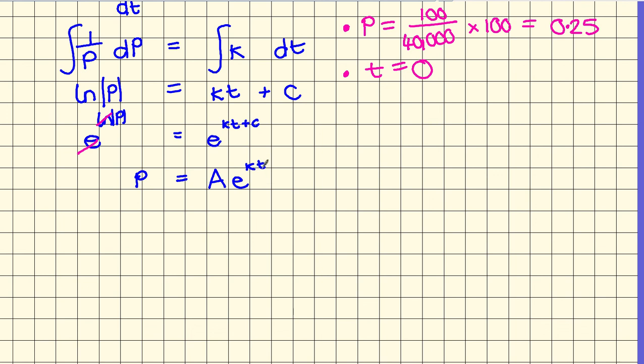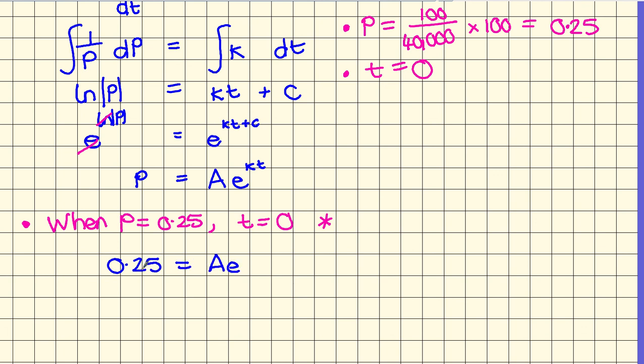And then what we're going to do is sub in these initial conditions. Okay, so I'm just going to write a note here again. So when p equals 0.25, t equals 0, and that's just taken from the question. So I'm going to sub those two values into this.